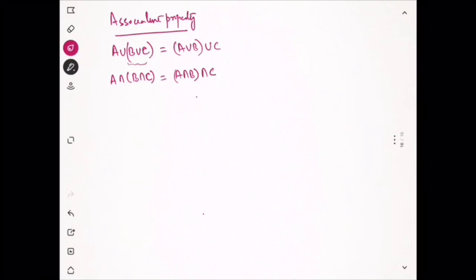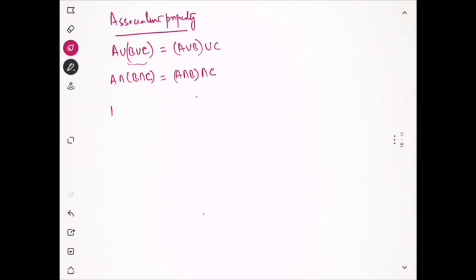So if you are uniting A with the union of B and C, it is the same as uniting first A and B, then uniting C, and same in the case of intersection also.